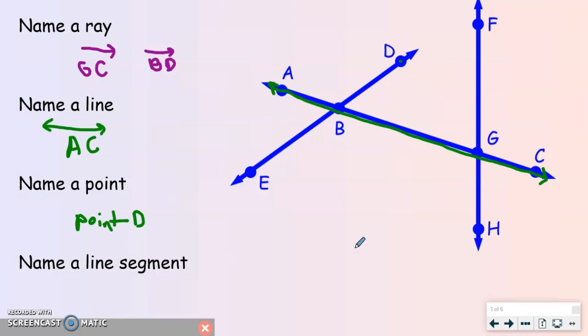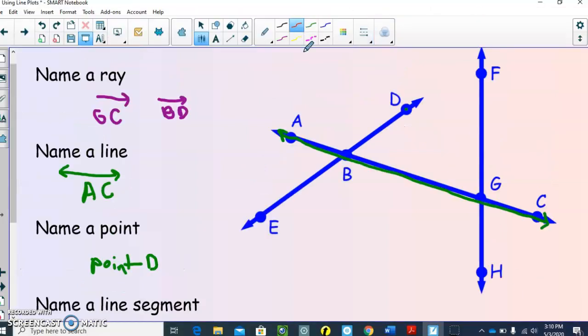All right, and then last thing is see if we can find a line segment. Now, there is technically only one in this figure because remember, a line segment has 2 endpoints. So I'm going to pause the video real fast and see if you can find the one line segment. All right, so I'm not going to erase anything because I don't want it to disappear. But what I can do is change the color.